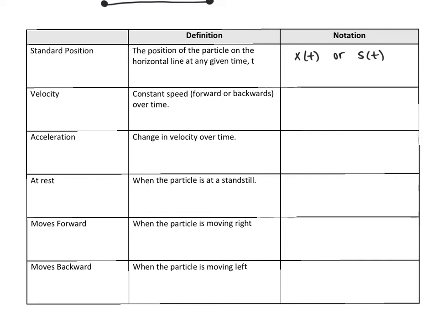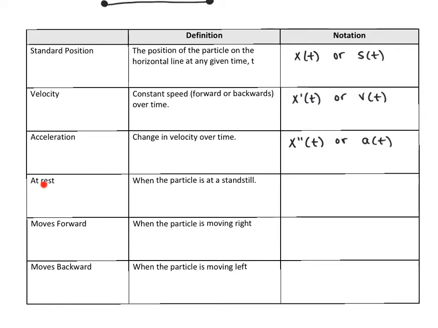Velocity is the constant speed of the object moving forwards or backwards over time, and that is the first derivative of the standard position, or sometimes referred to as v of t. Acceleration is the change in velocity over time, so a speed up or a slow down type situation. And this is the second derivative of the standard position, or sometimes referred to as a of t.